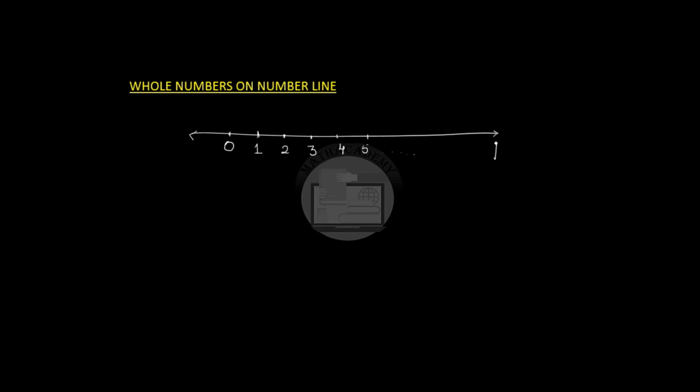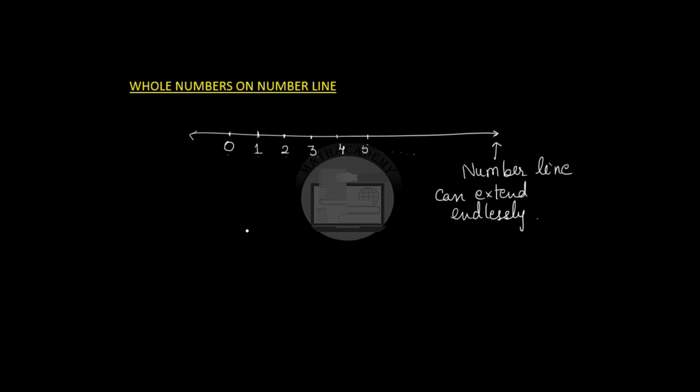This arrow on the right shows that the number line can extend endlessly. The arrow makes this number line a ray, and a ray can extend endlessly. So we can keep adding numbers to our number line.